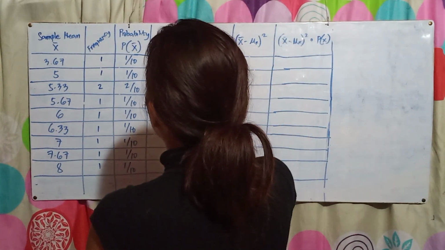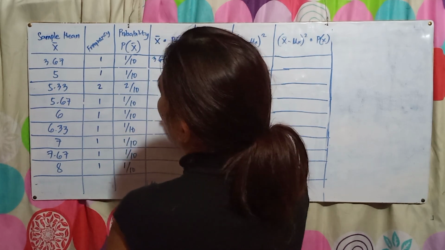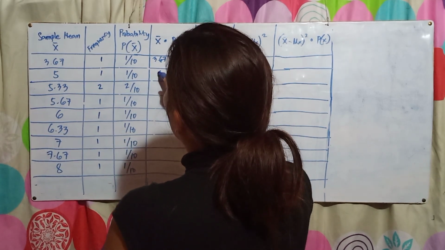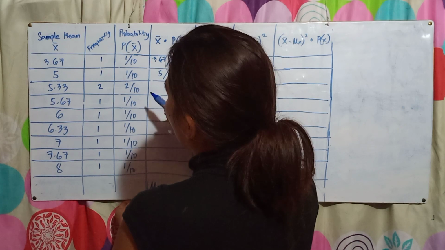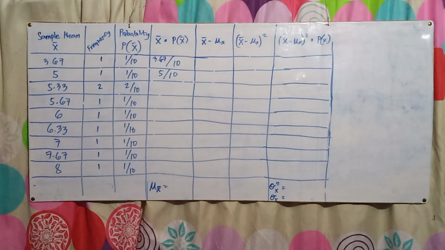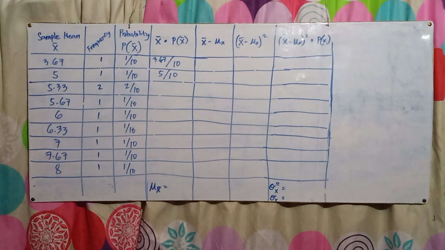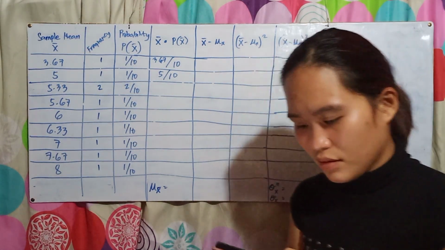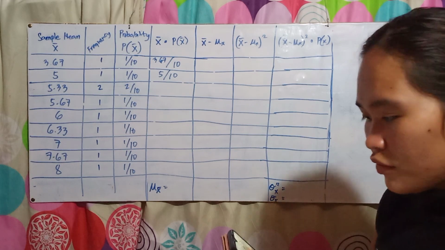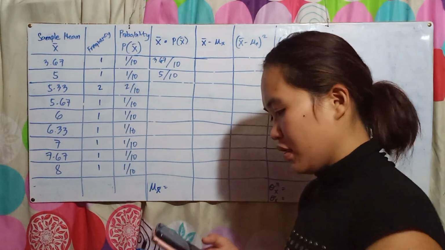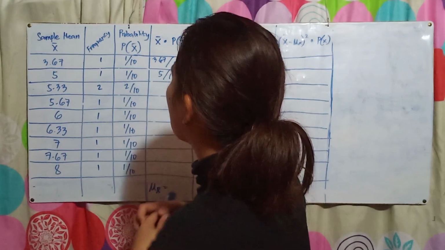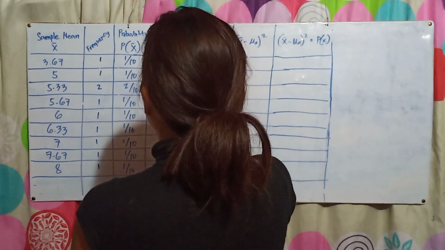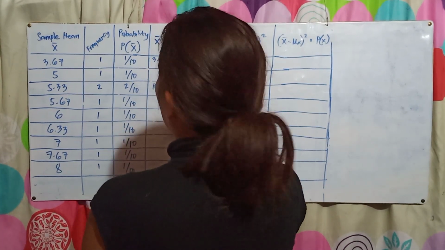So 3.67 over 10, 5 over 10, 5.33 times 2 is 10.66, so 10.66 over 10.